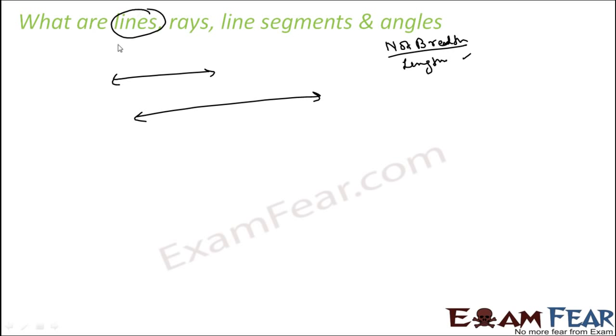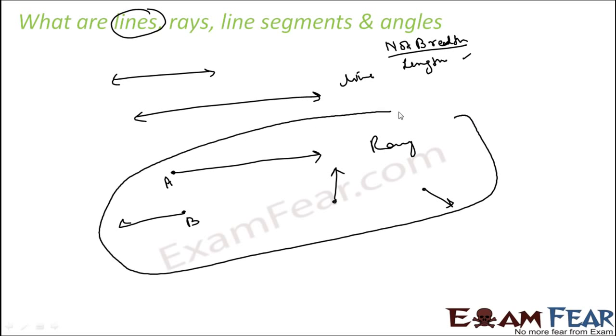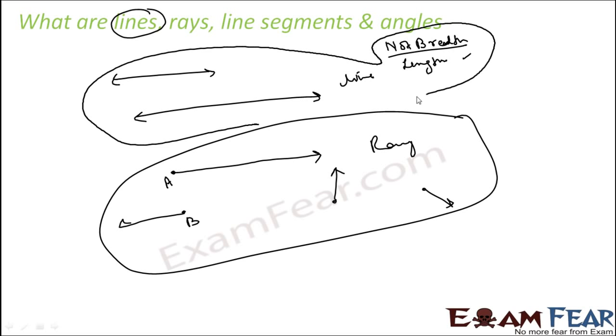If you fix the same line at one point, for example, I have fixed this at point A, and then I extend in the right direction, this is a ray. Or if there is a point B, I can extend in this direction, or I can extend in this direction, all these are rays.